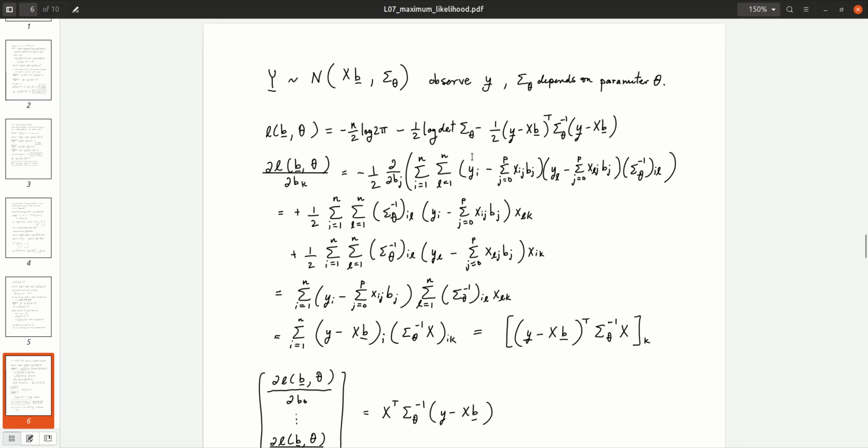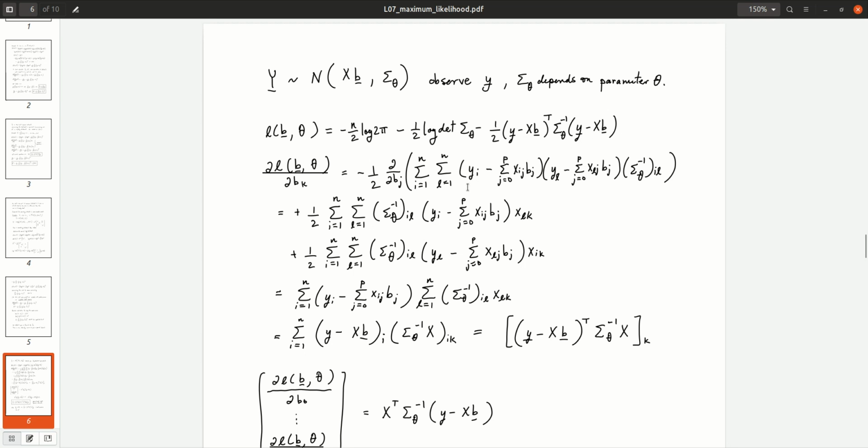So remember, a quadratic form is going to be a double sum over all entries of the matrix. It's in the middle, so Sigma theta inverse entry IL. And then we're looking at the I entry of this one and the L entry of this one here, y minus Xb.